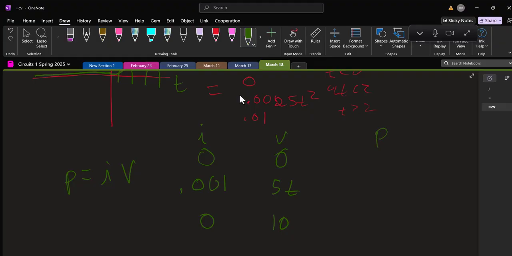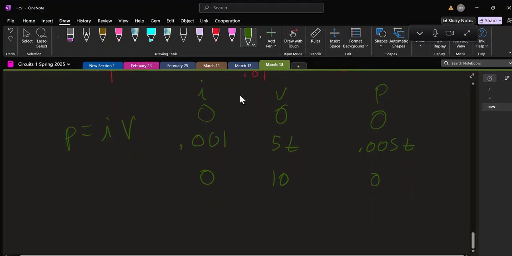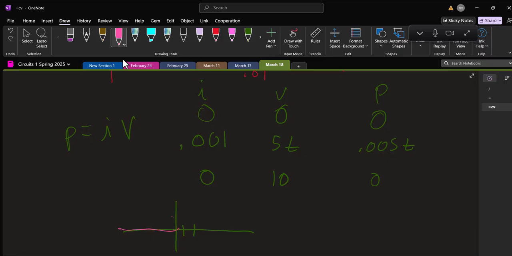So our power is the product of these. So it's 0.005t and 0. So 2 times 0.005 is 0.01. So we just have a straight line there, and then it goes back down to 0. So this is power in watts, and that's time.